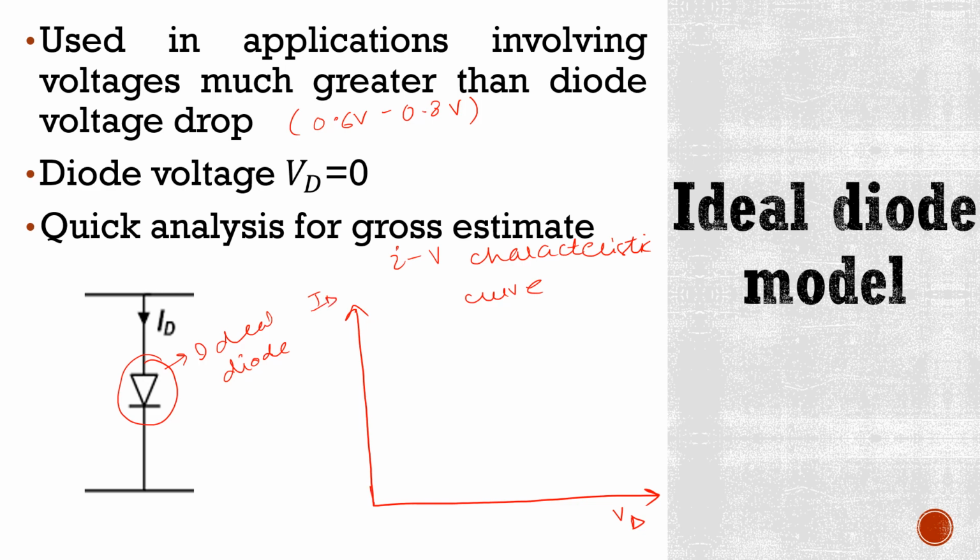So a straight line on the y-axis represents this ideal diode model. This is line A where VD is equal to 0. Since this line A is on the y-axis, its slope is undefined. So this is the current-voltage characteristic of an ideal diode model.